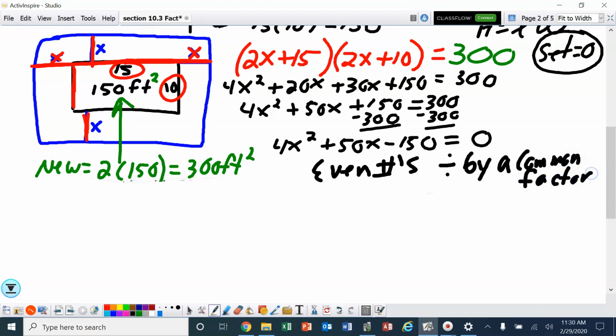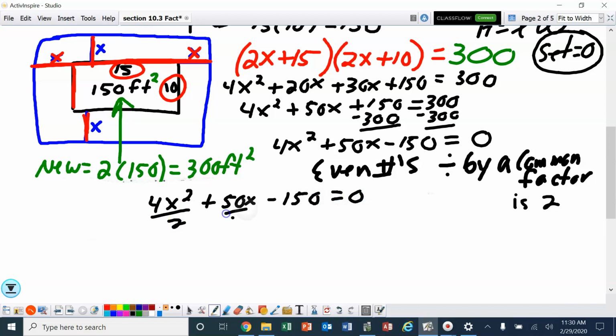And that common factor is 2. So I'm going to divide everything by 2. 4x squared plus 50x minus 150 equals 0. So now I have 2x squared plus 25x minus 75 equals 0.